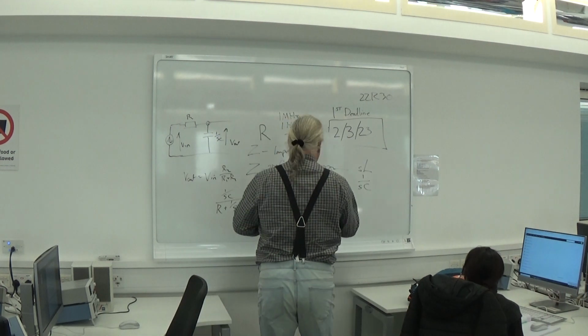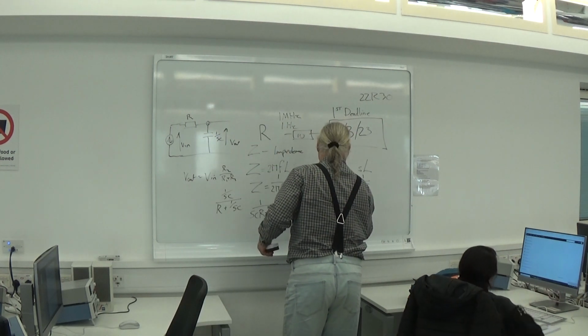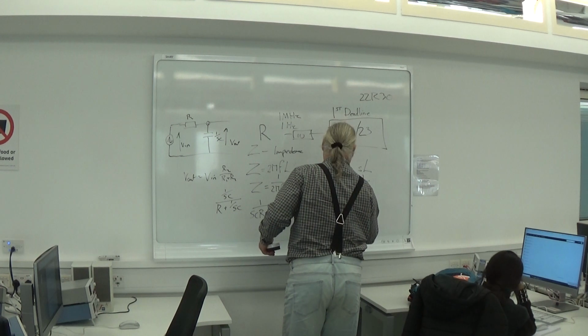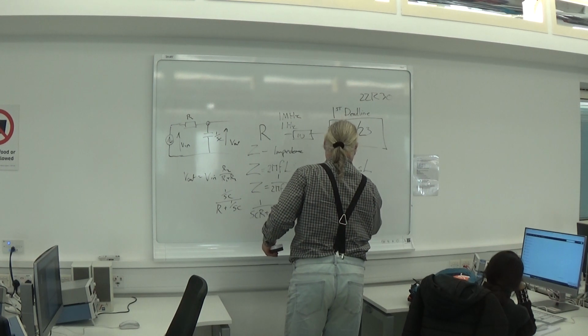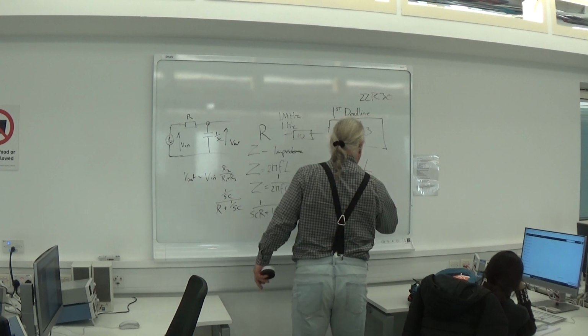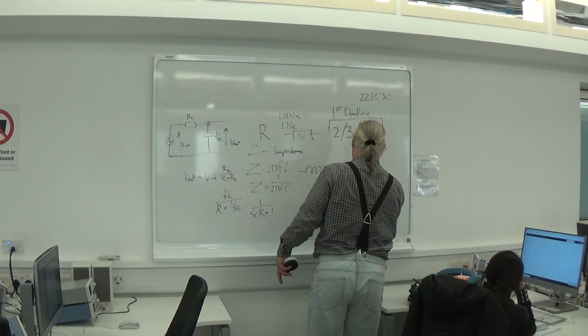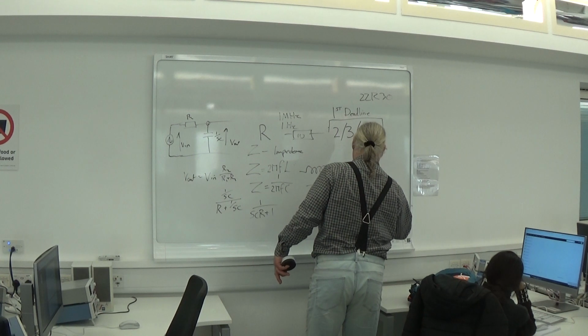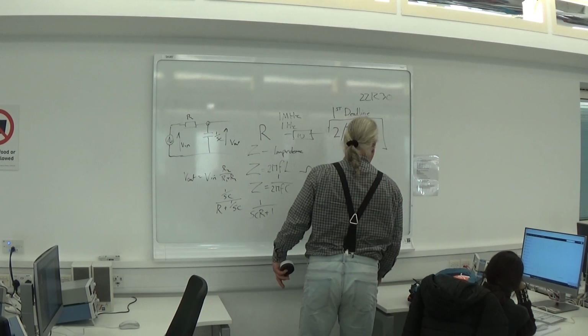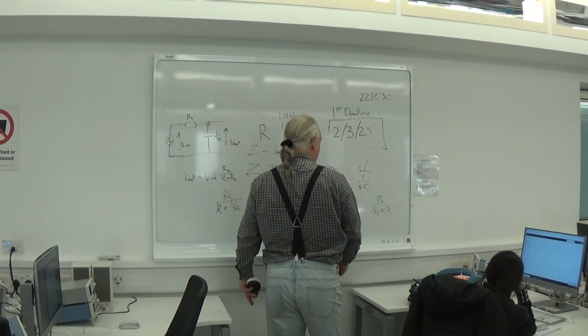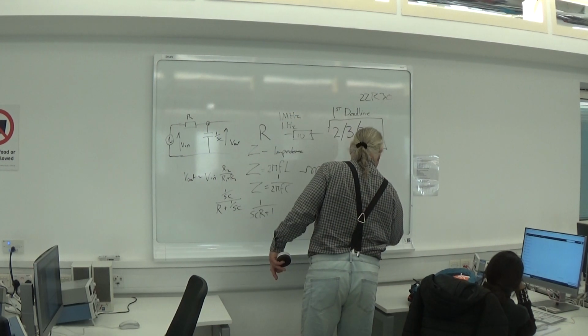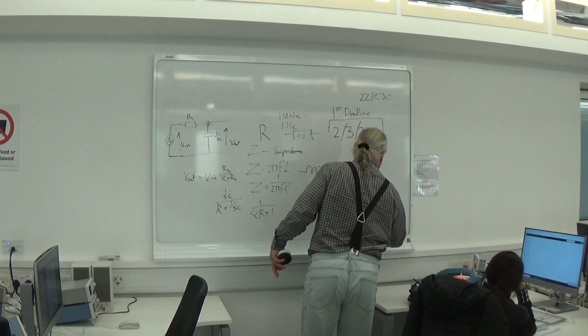So we can say, and it's the same for the inductors, I'm not going to do it for the inductors, but this one here is a high pass filter, and that's 1 upon SC, that's R, and I can do the same thing as I did before, so it's R2, which is just simply R upon 1 upon SC plus R. It's a bit messy, so I'll multiply top and bottom by SC, and I get SCR over SCR plus 1.